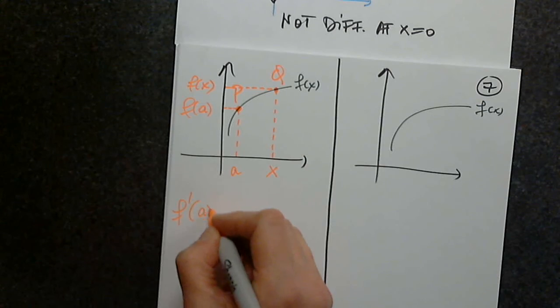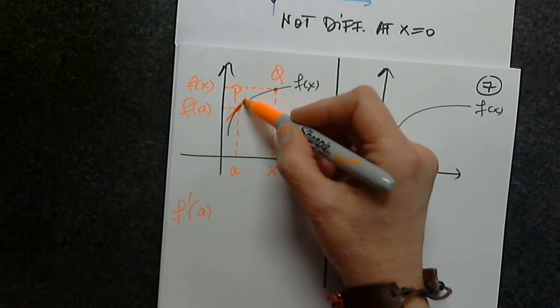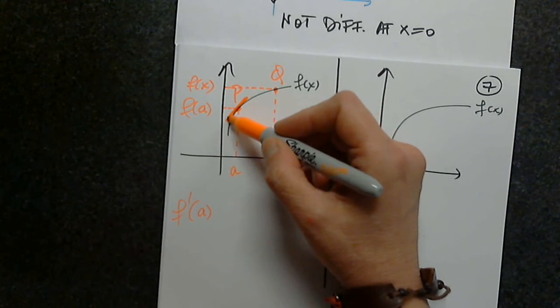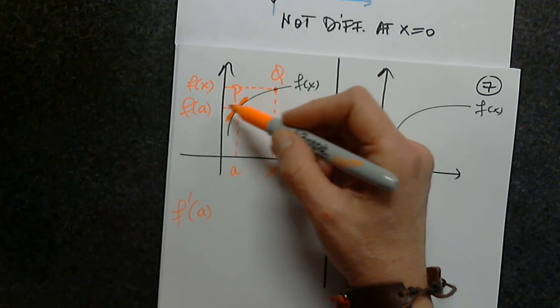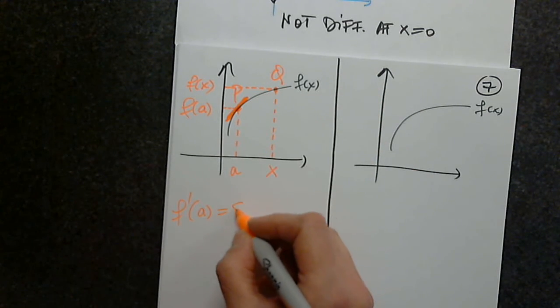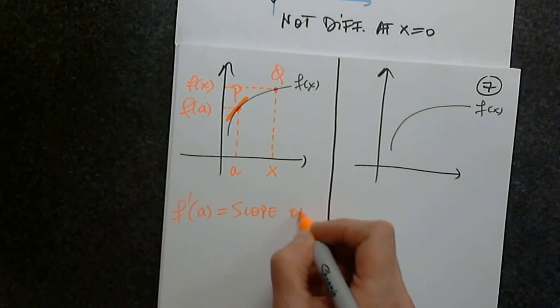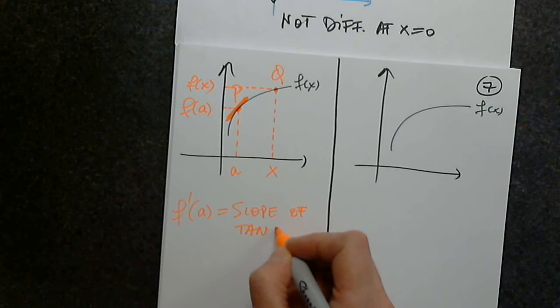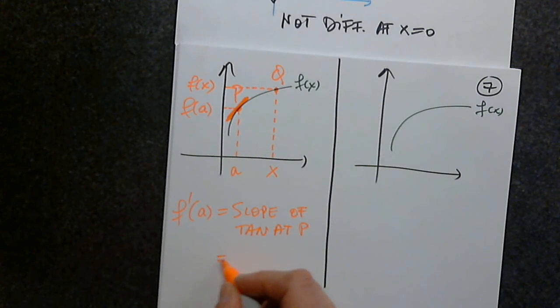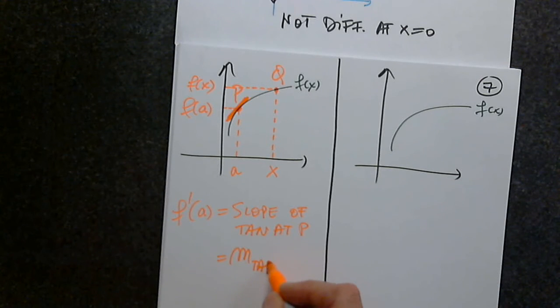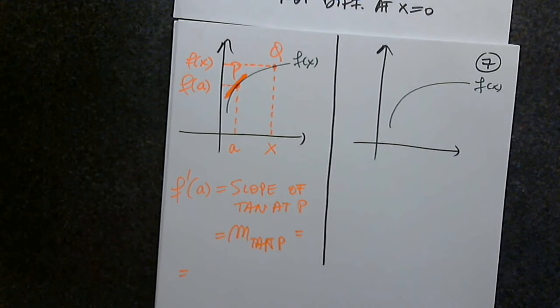f prime of A will be the slope of the tangent line at A comma f of A, at P. Slope of tangent at P. Can anyone give us the definition?